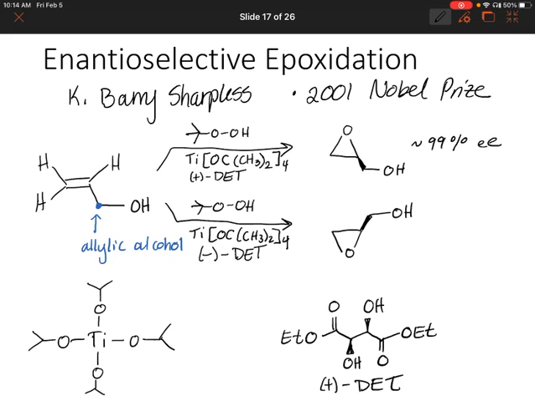So in minus DET, the OH groups down below would be in dashes instead of wedges. Now, you don't have to know the mechanism for this. Just be aware that you can select or choose one enantiomer over the other if you use one of these enantiomeric catalysts.